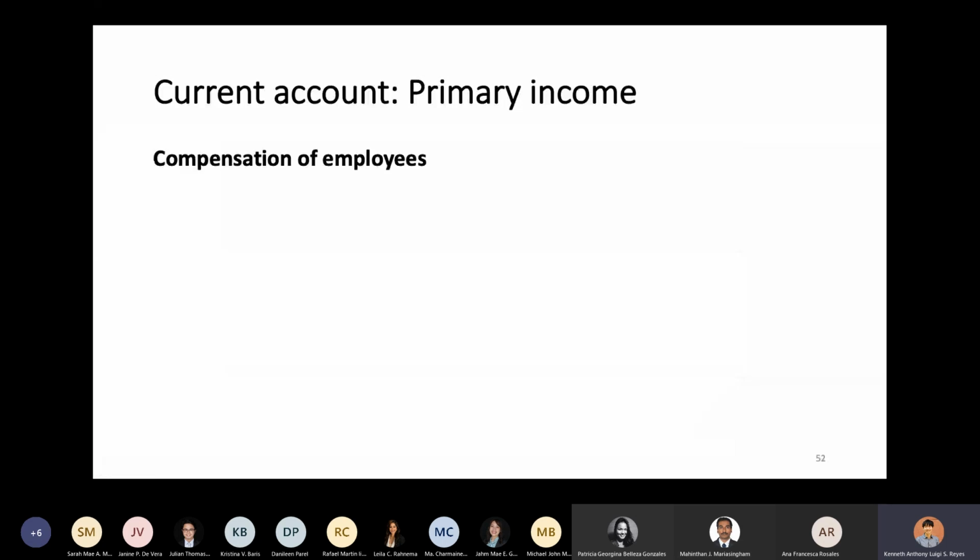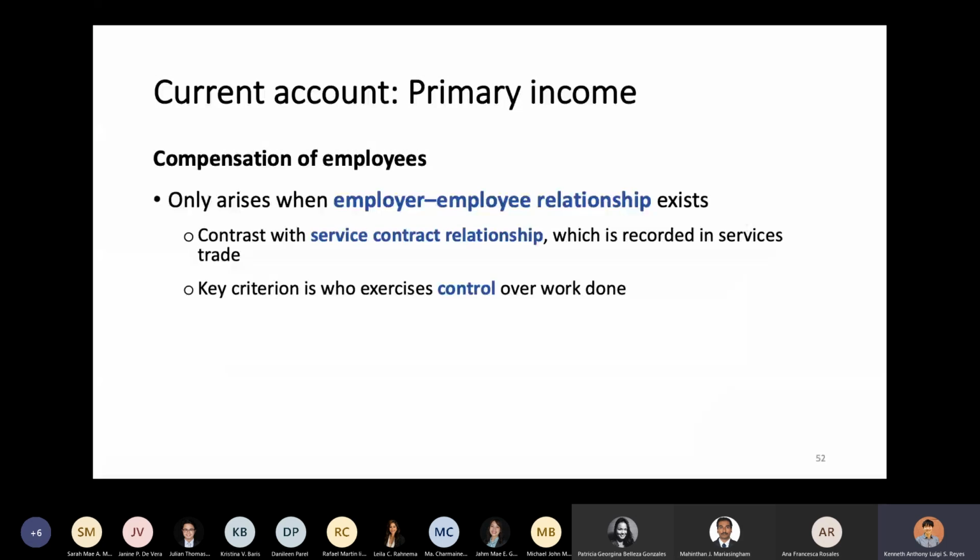Compensation of employees only arises when there's an employer-employee relationship, like I mentioned earlier. Contrast this with a service contract relationship, which would be recorded in services trade. The key criterion is who exercises control over the work done.